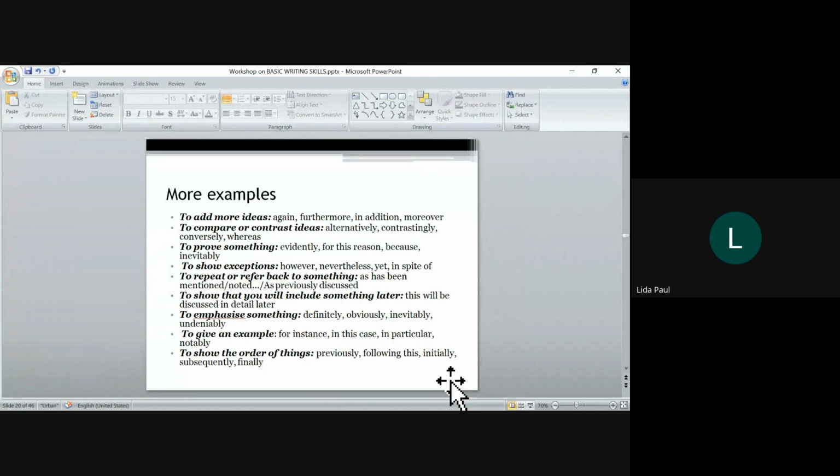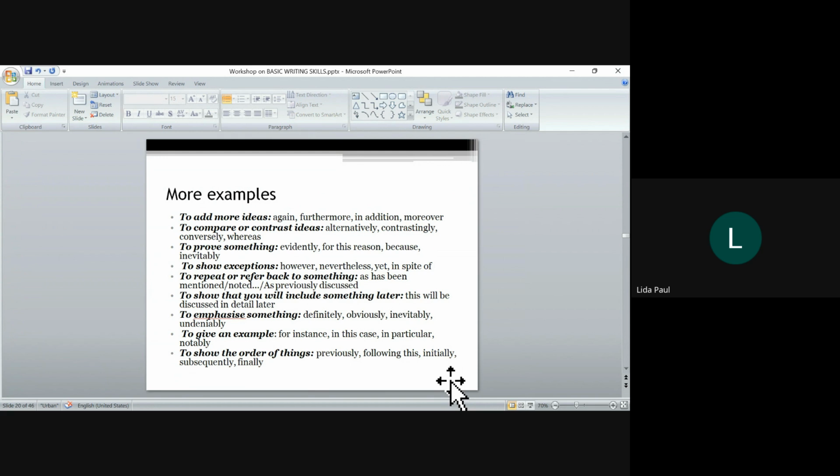This is not an exhaustive list. This is some of the things put together just to give you an idea of how it works. Of course, the list can be much longer, with more words and phrases. This is just to show you how these function in a paragraph, right?